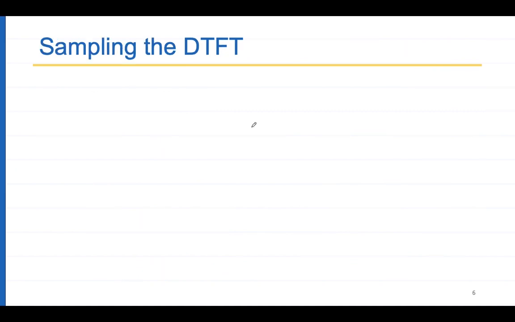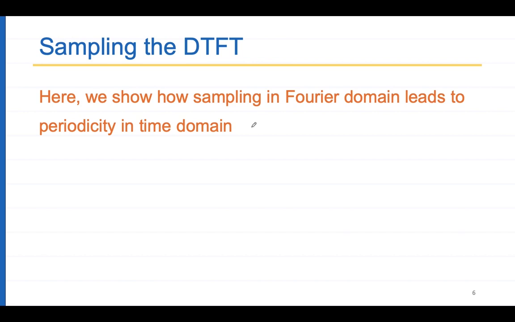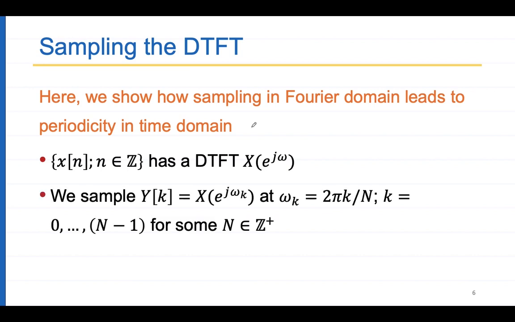Now let's look at sampling the DTFT. What does this mean? Here we show how sampling in the Fourier domain leads to periodicity in the time domain. Let us say my x[n], where n belongs to integers, has a DTFT X(e^jω). We sample to get y[k].